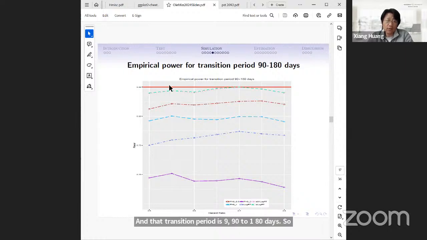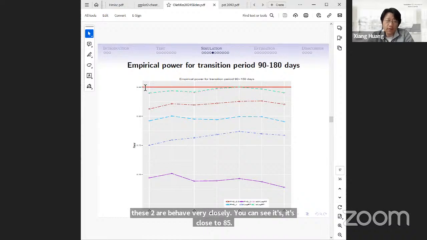In that scenario, we applied those 6 tests to the simulation data and checked the empirical power for all of them. Our method is these two, the green one and the light red one. These two behave very closely. You can see it's close to 85, supposing the power is 85%.